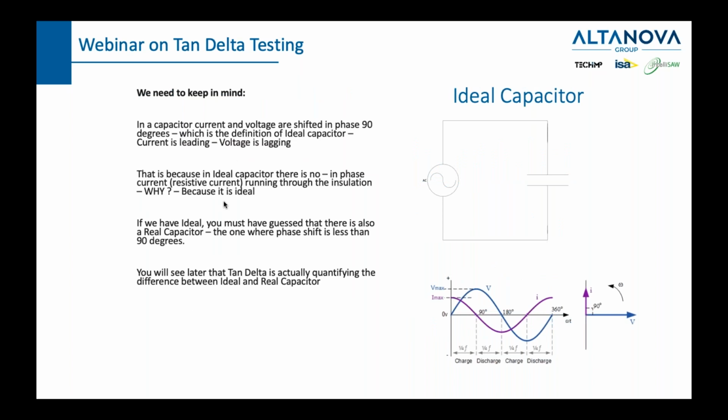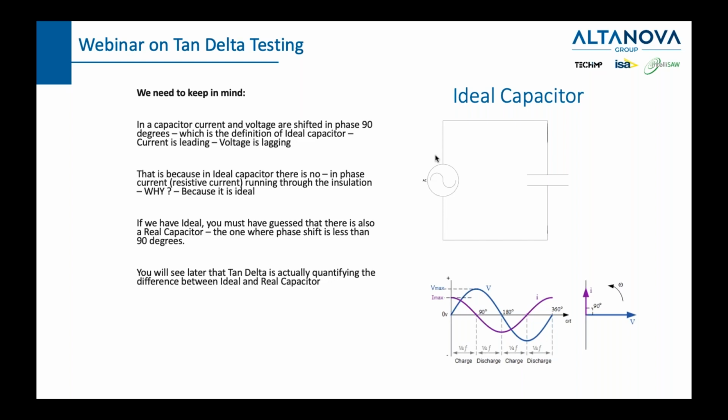And in order to understand it a little bit better, let us now concentrate on a scheme of an ideal capacitor. So we have here an ideal capacitor charged with AC voltage. And we know that voltage and current are shifted in phase exactly 90 degrees in an ideal capacitor. Current is leading, voltage is lagging.